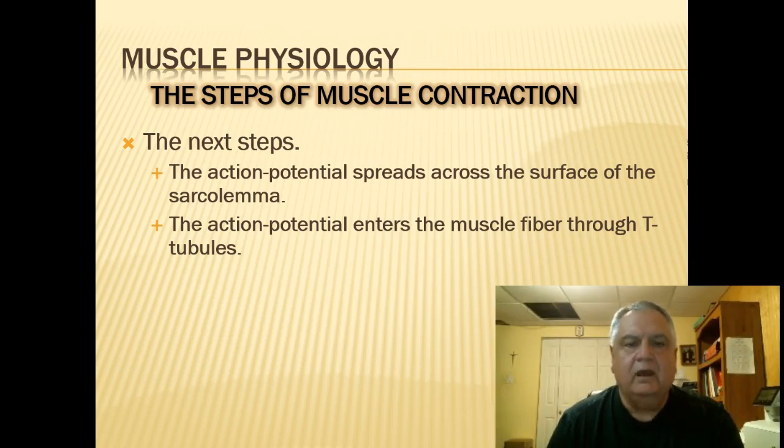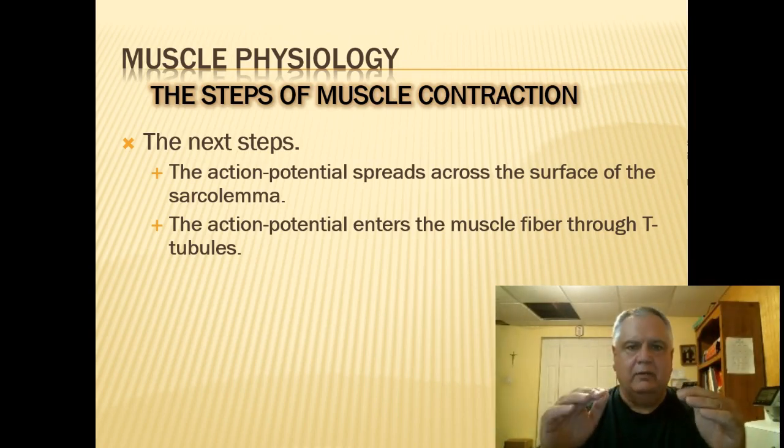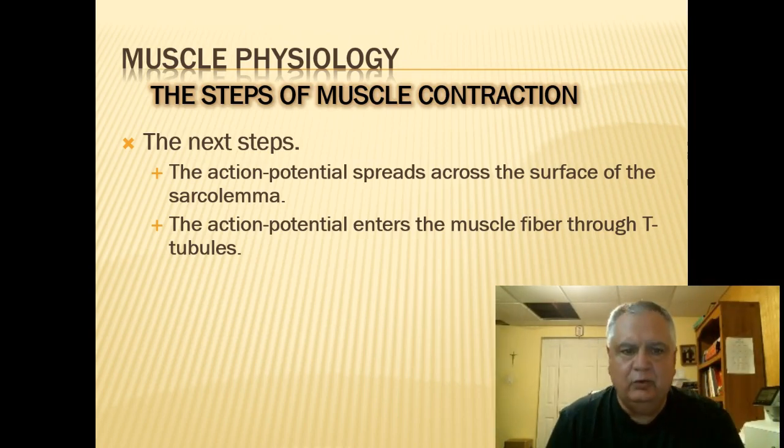So now, eventually, the action potential is going to enter the fiber through T tubules. You recall in our first screencast, we mentioned that there were these perpendicularly running tubules that opened to the sarcolemma. These are the T tubules.